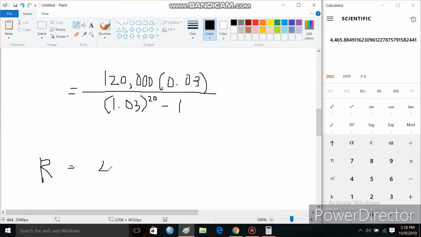So we have, in other words, 4,465.88 pesos. Okay, in other words, the regular payment is 4,465.88.